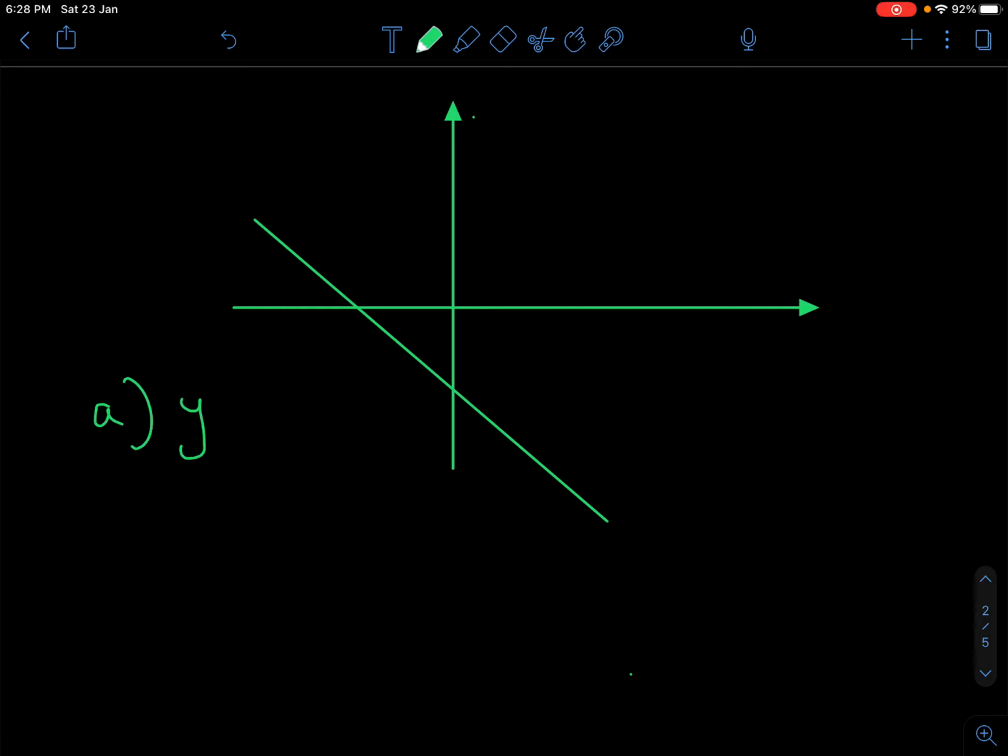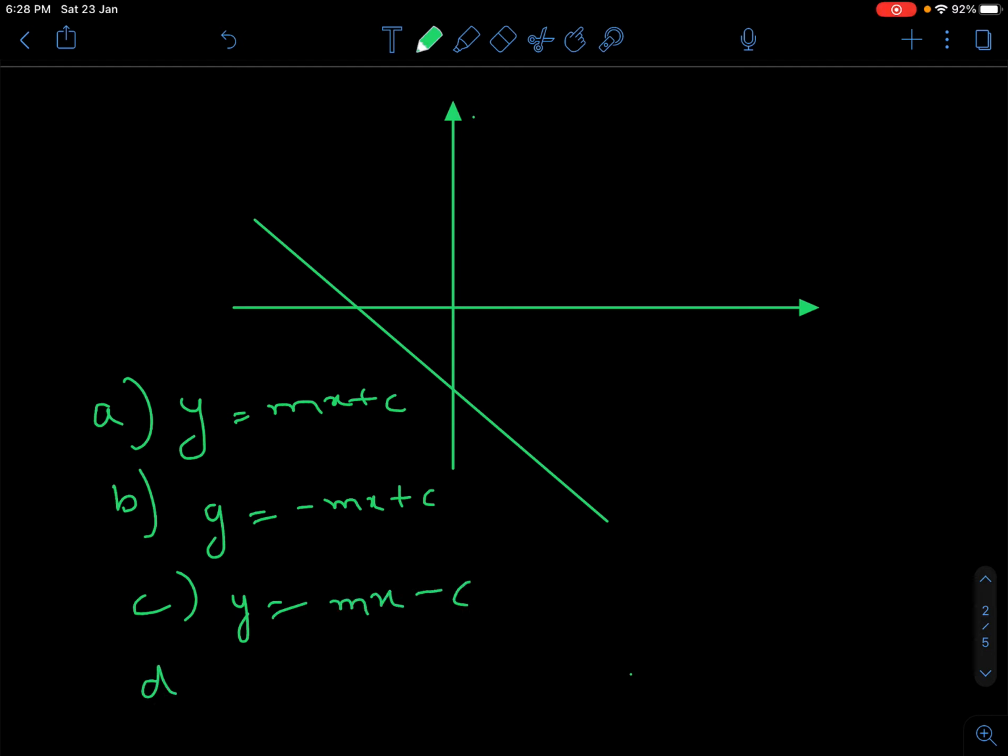First is y equals mx plus c. Second, y equals minus mx plus c. Third, y equals mx minus c. And the last one is minus mx minus c. You have to find which equation satisfies this graph.